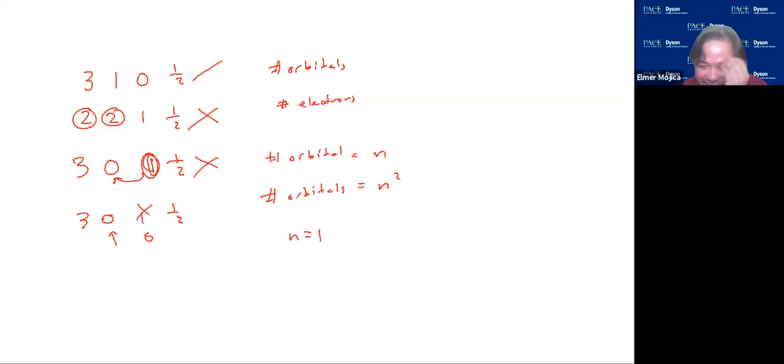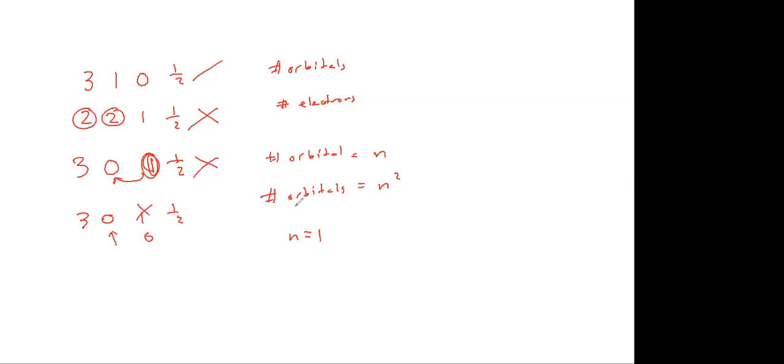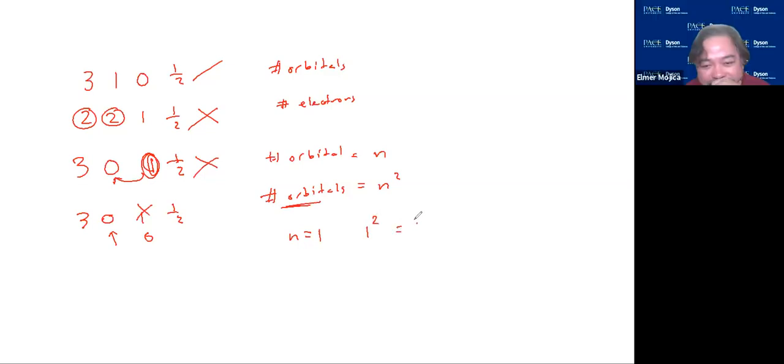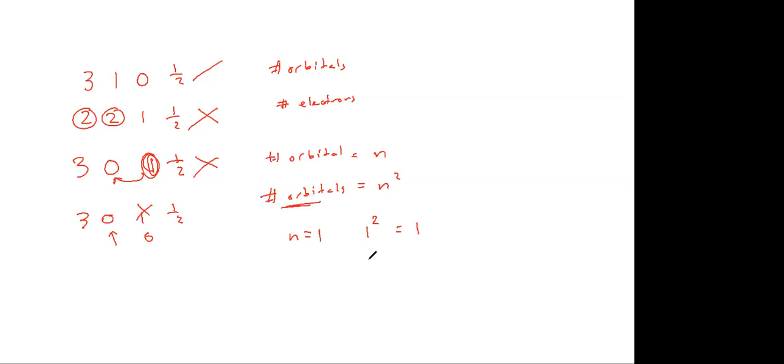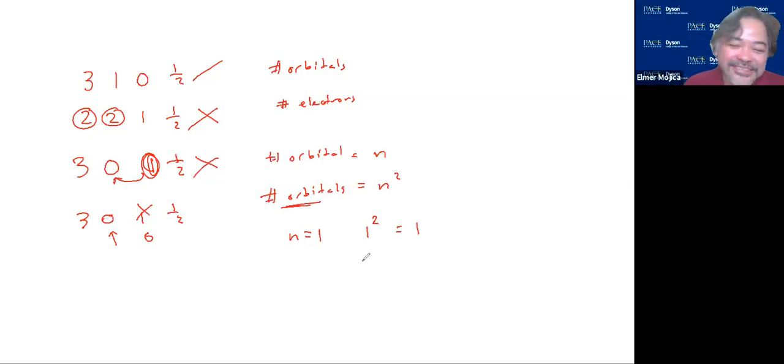How many orbitals are there when n is equal to 1? 1. I'm talking about orbitals, okay? Because 1 squared is equal to 1. Now, what if the question is this?